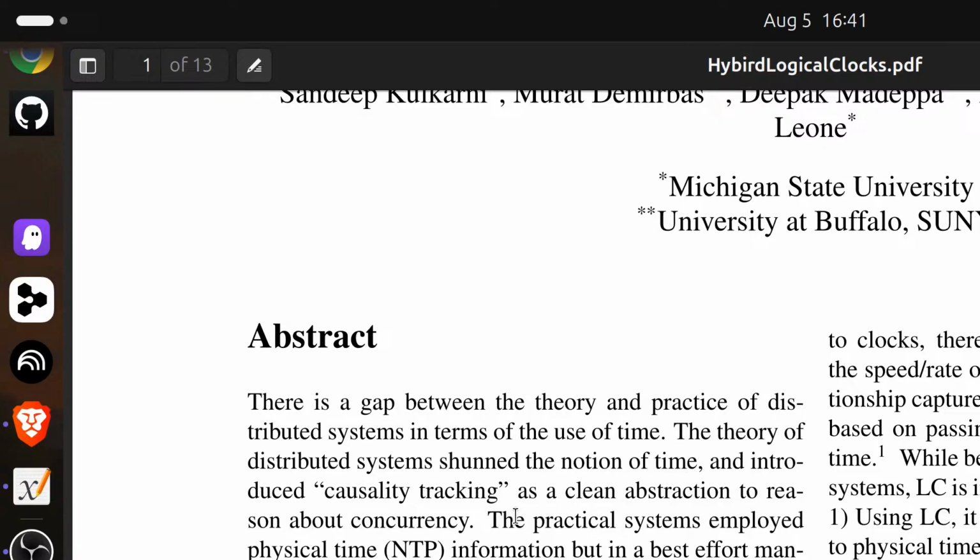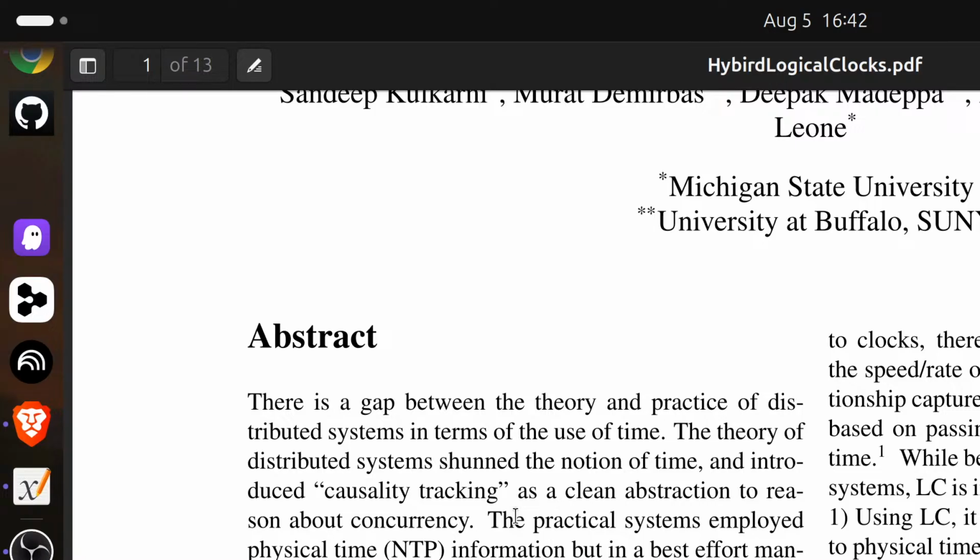Okay, so distributed systems theory shunned the notion of time and introduced causality tracking as a clean abstraction to reason about concurrency. So they avoided the notion of time, but they introduced causality tracking as a clean abstraction to reason about concurrency.